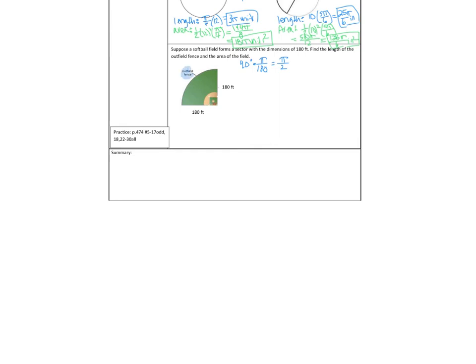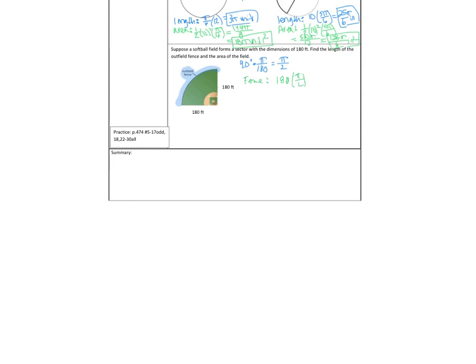So this length out here I'm going to find, and then I also need to find the area of the field. So I'll start with the fence length, which is going to use my radius, 180, times my angle in radians, which is pi over 2.